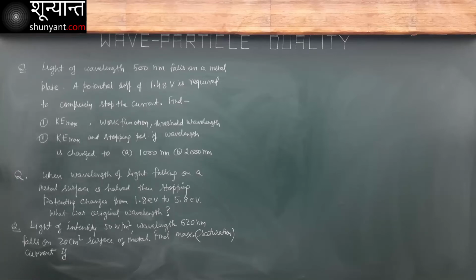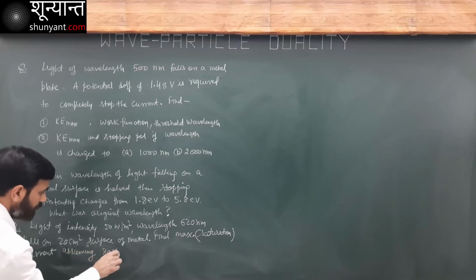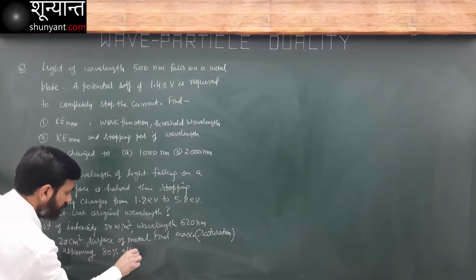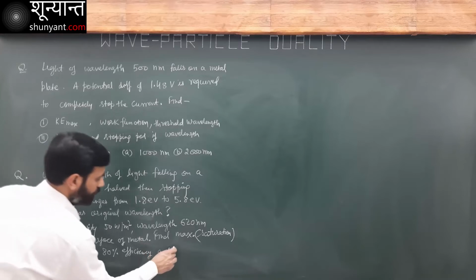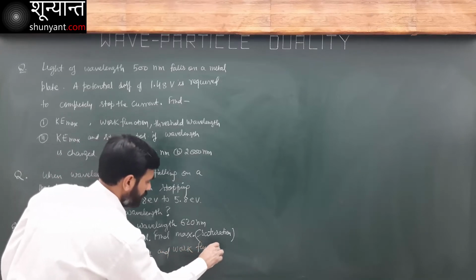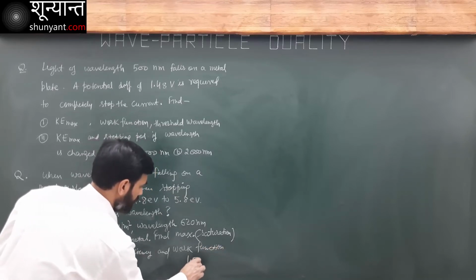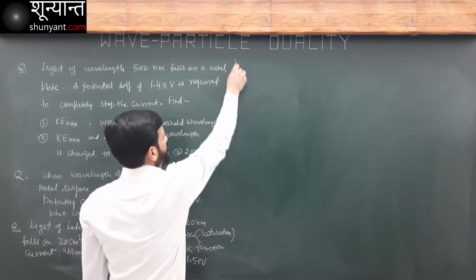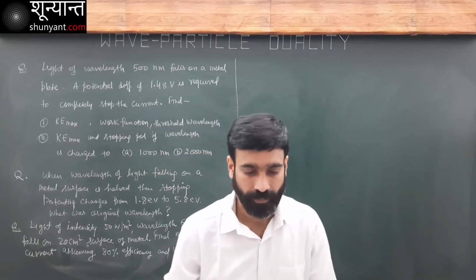Find maximum current assuming 80% efficiency and work function 1.5 electron volt.